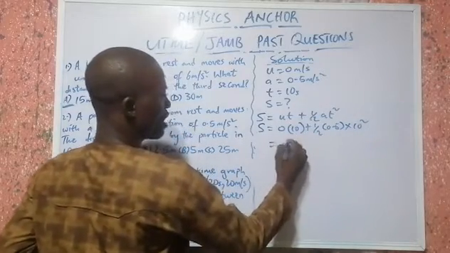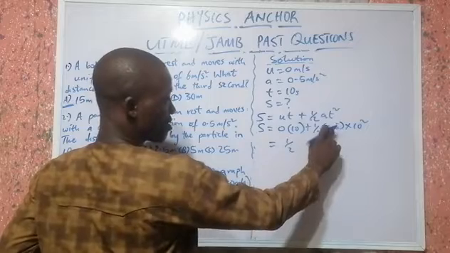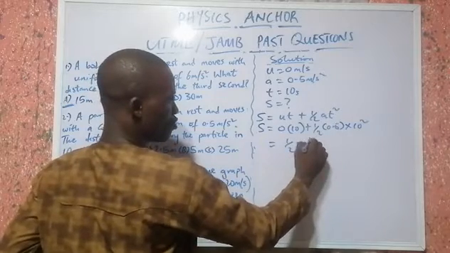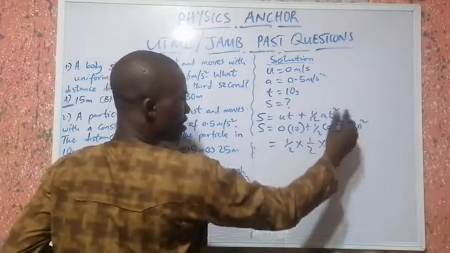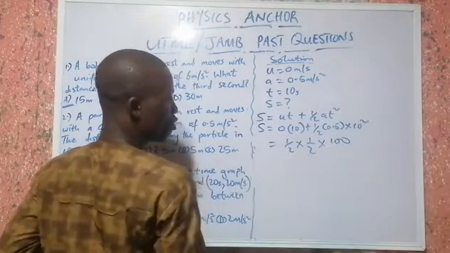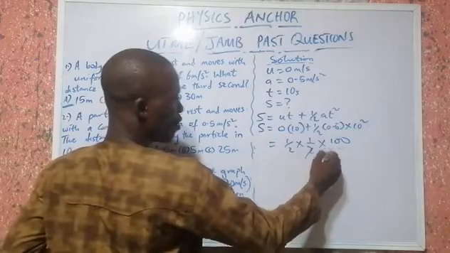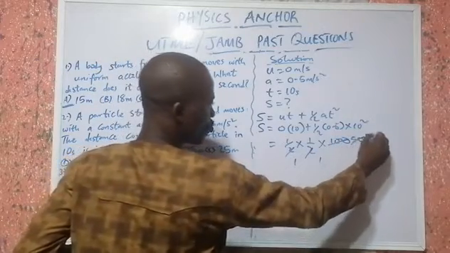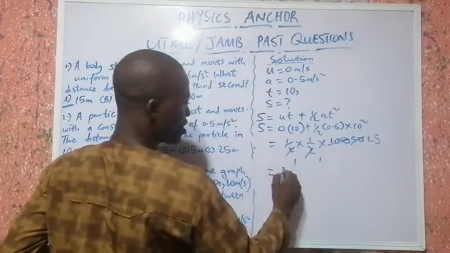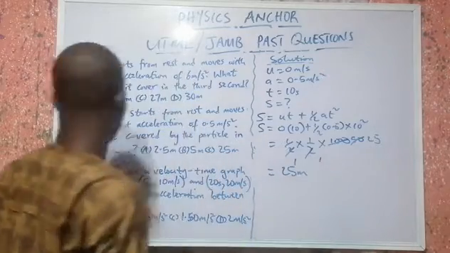The u term is 0, and that will be half. This 0.5, you can also do it as half, because 0.5 is 1 over 2 also, times 10 squared, which is 100. So we can say 2 here 1, 2 here 50, 2 here 1, 2 here 25. So our distance covered is 25 meters.